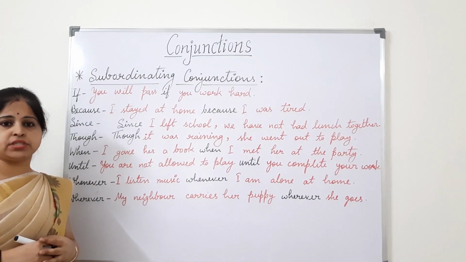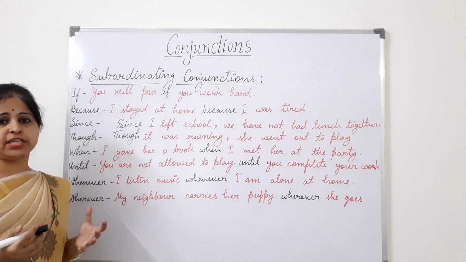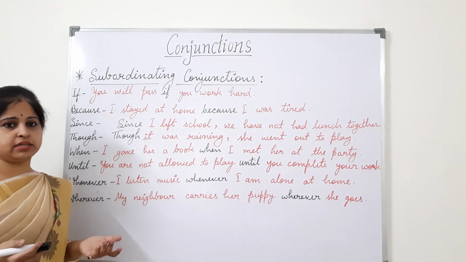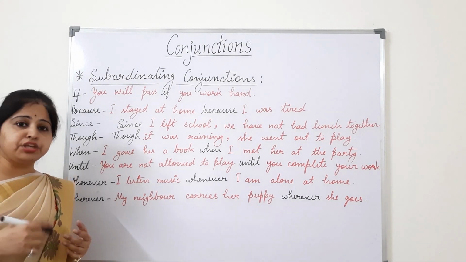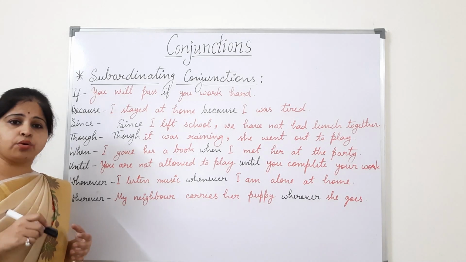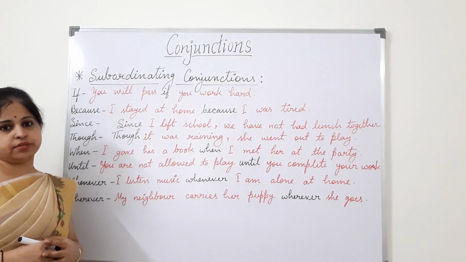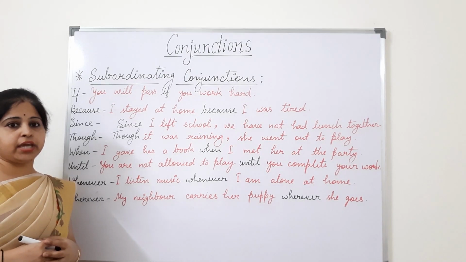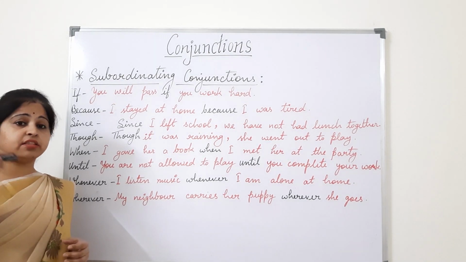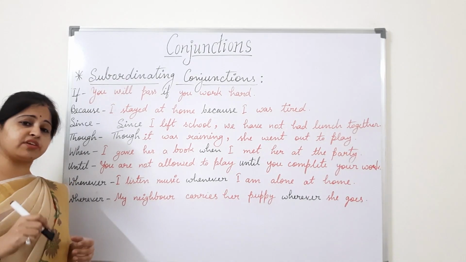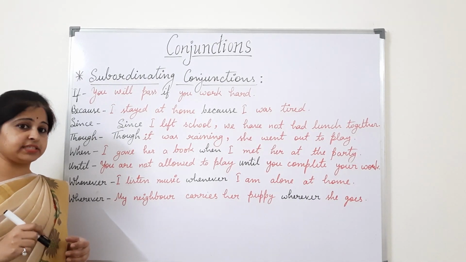For example, "She purchased a new dress even though she had a number of dresses in her cupboard." Here, "even though she had a number of dresses in her cupboard" is emphasizing more.